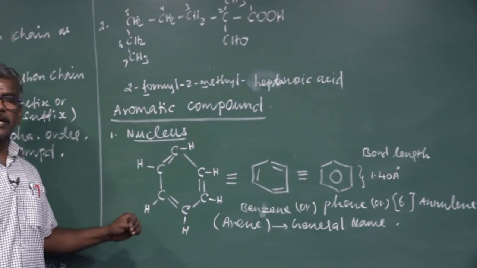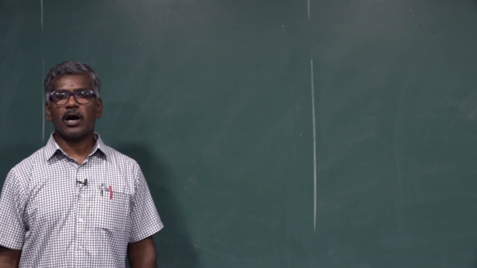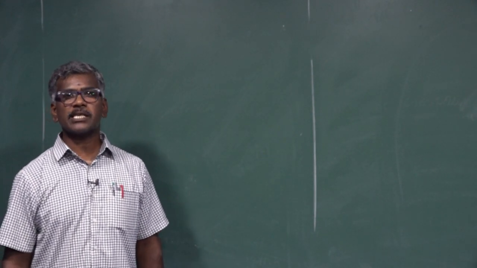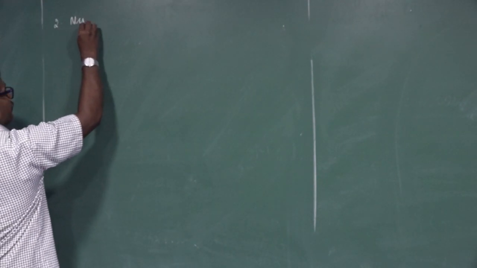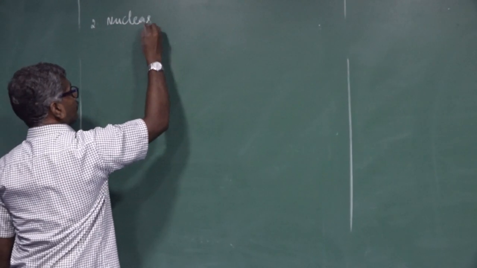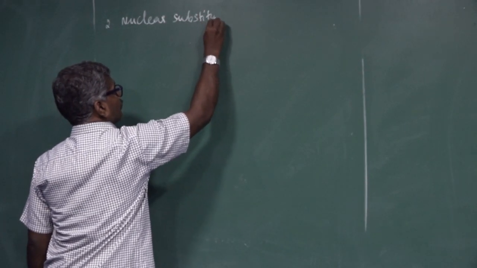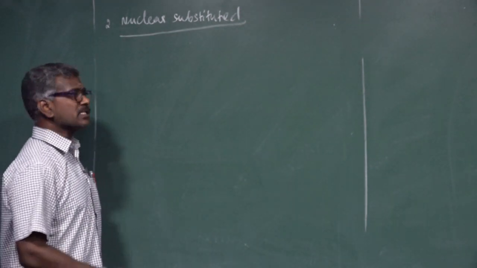These are the nucleus. Another one is the substituted nucleus. In the nomenclature of organic compounds, the first one is the nucleus, and the second one is nuclear substituted.